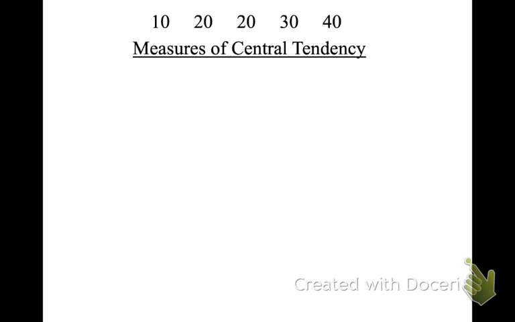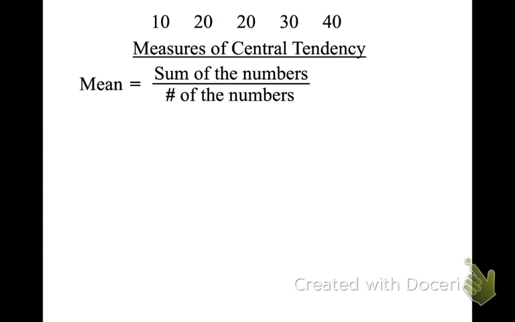Okay, if I'm going to look for the measures of central tendency, then I would definitely suggest that you get a calculator, because generally the data sample is not this small. So our mean, what we're going to do is we need to add up all the numbers and divide by the number of numbers. So we're going to add up all the numbers, find the sum, and then divide by the number of numbers.